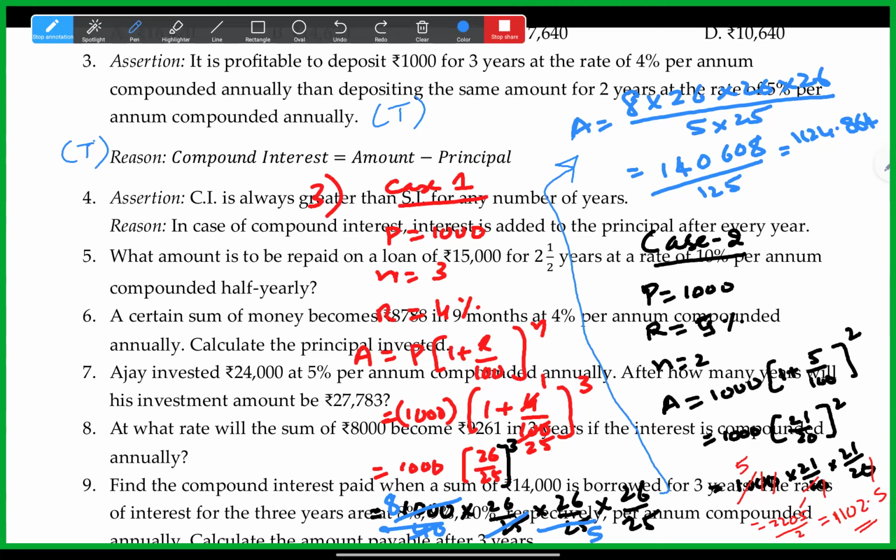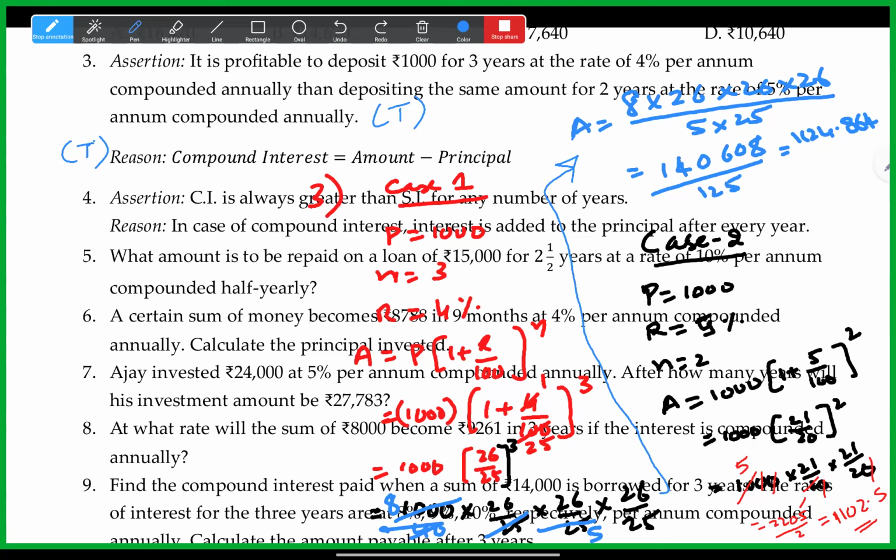But profitability we can tell only after solving the entire thing, so we cannot tell directly whether it is profitable or not. Because of that, according to me, A and R are true and R is not the correct explanation of A. If it were the correct explanation, we should compare the compound interest, because compound interest is more in the first case than the second.